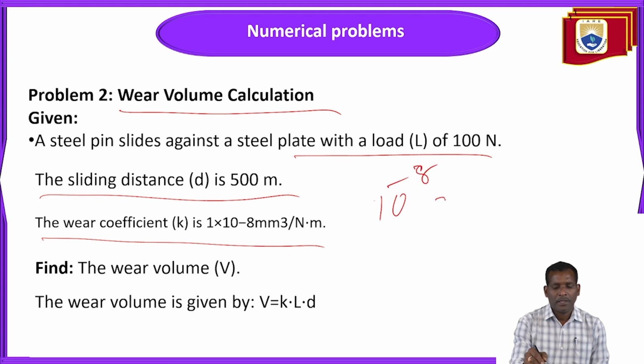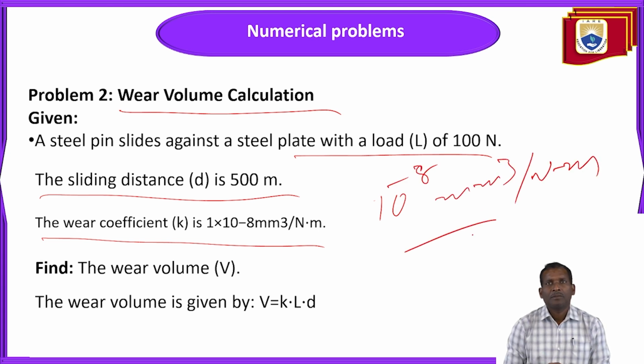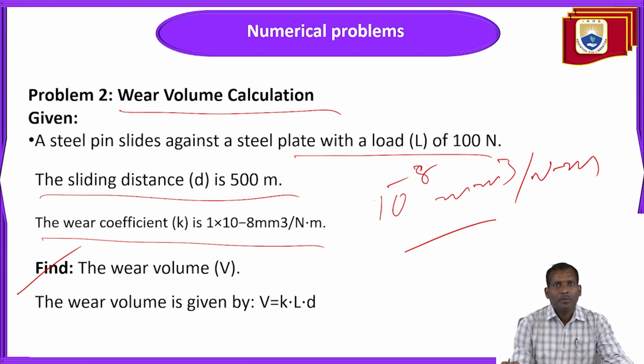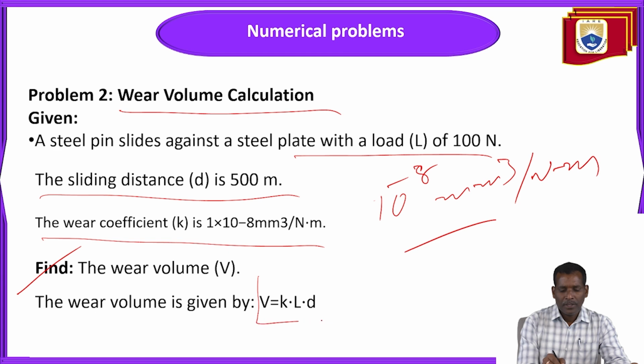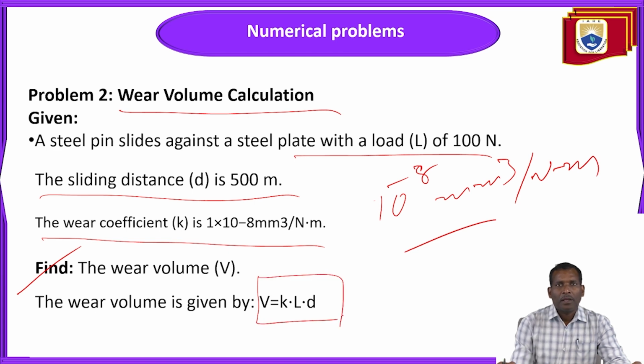Here he has asked to find the wear volume. How do we calculate the volume? The wear volume is given by V is equal to K into L into distance.